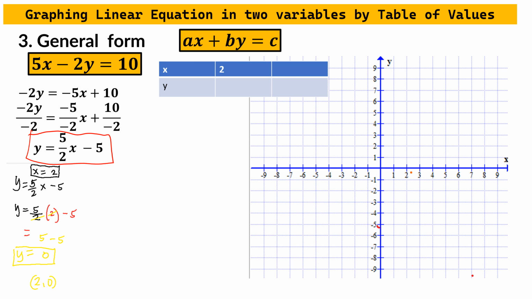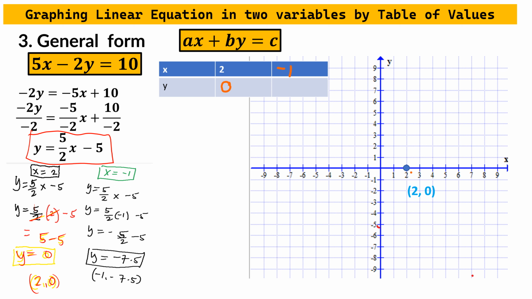How do we get the value of y? If x is 2, then we have 5 halves times 2 minus 5. We cancel the 2 and 2 there, so we have 5 minus 5. Thus, our value of y is equal to 0, and our ordered pair is (2, 0). Let us now plot it on the Cartesian plane. Let's proceed to the next value, which is x equals -1.